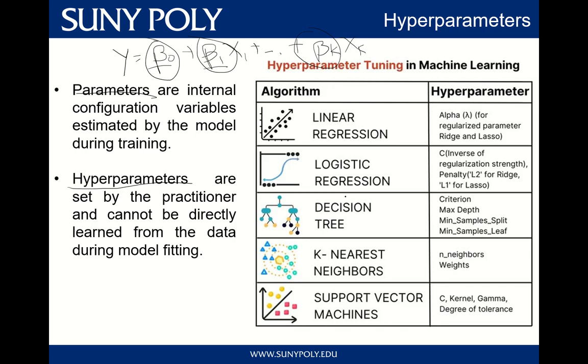So, for example, the decision trees. It doesn't matter if it's a regression tree or a classification tree. There are some hyperparameters, like the max depth. It means the number of levels of the tree, how deep your tree is. A minimum number of samples to make splits. So you can define different hyperparameters.